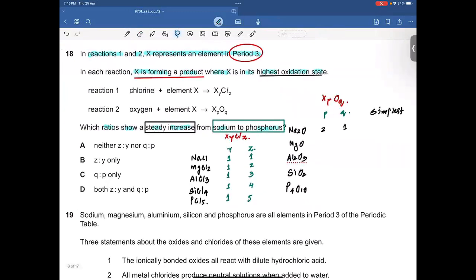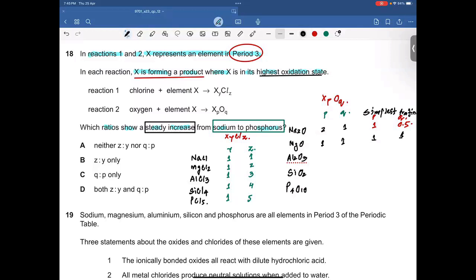My goodness, a lot of working, but no space. The simplest ratio for sodium oxide is going to be 1:0.5. Okay, this is P, this is Q. For magnesium oxide it is 1:1. So it's fine.